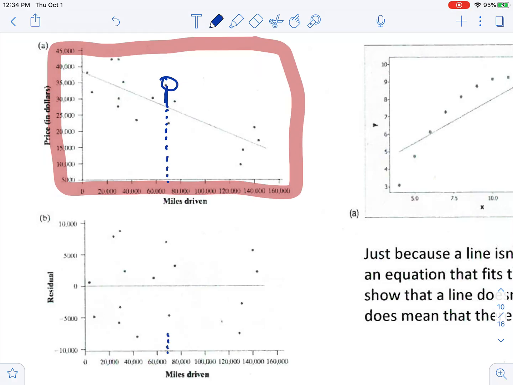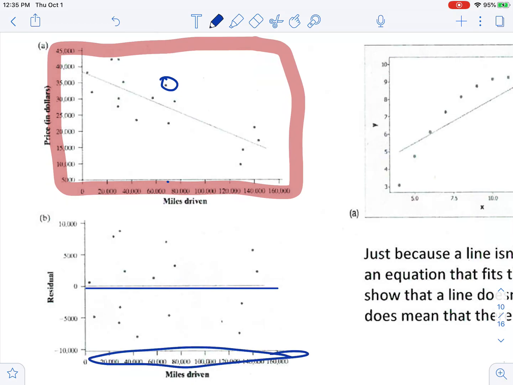So if you went to here, that same data point, which is right here, notice it is 7,000 units above zero. So it's just basically taking every residual, positive or negative, and plotting it against a horizontal line at zero that stays consistent with the X values.